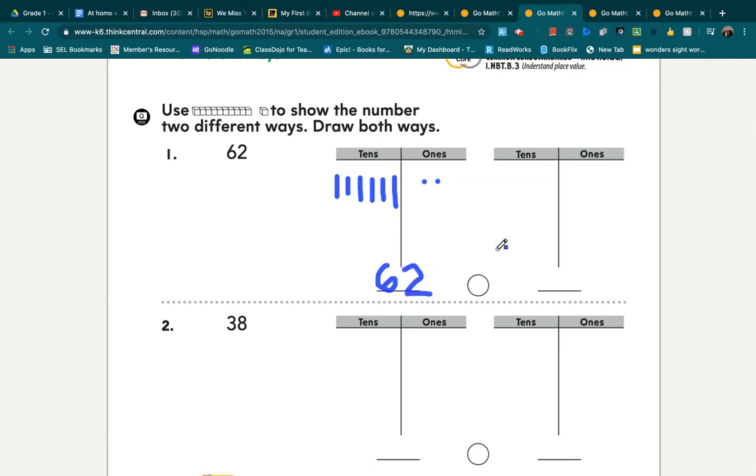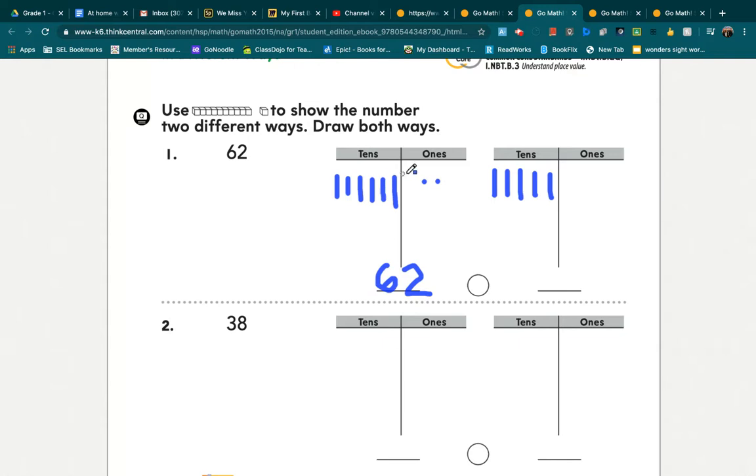Now, another way that we can do it is we can draw 5 groups of 10, and then we could take this last group of 10 and put it into 10 ones, okay? So watch this. 10, 20, 30, 40, 50.